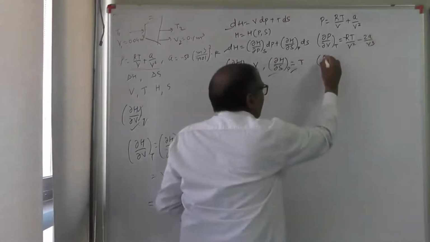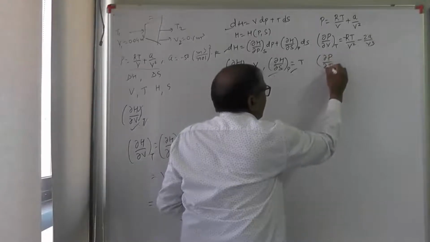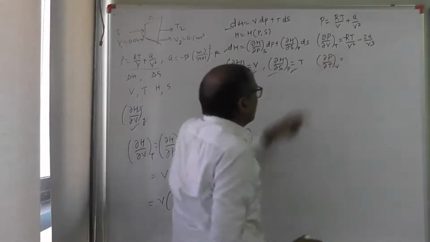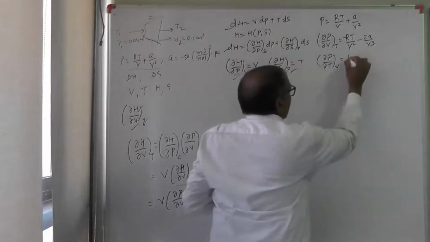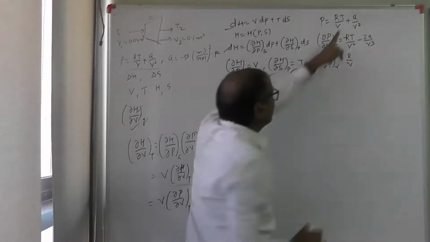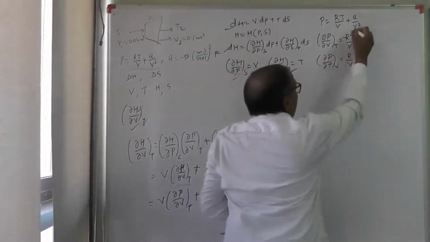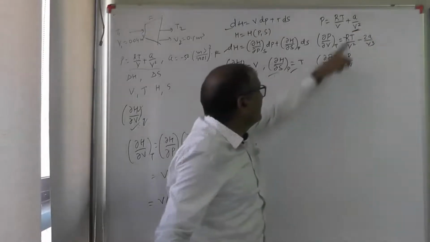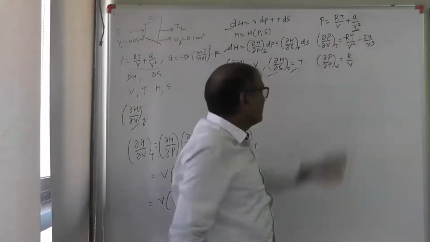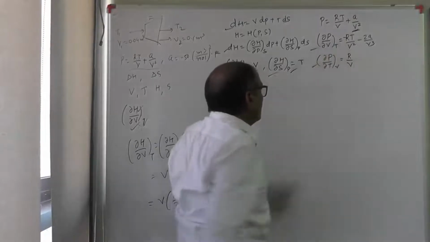The second derivative is del P over del T at constant volume. R upon V is constant, the derivative of temperature is 1, and there is no temperature term in the second part, so this is R upon V. We have received two derivatives.